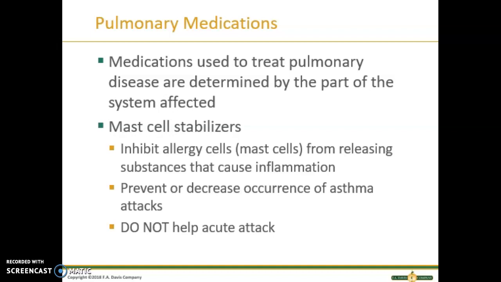So mast cell stabilizers. These inhibit allergy cells from releasing substances that cause inflammation. They prevent or decrease occurrence of asthma attacks, but they do not help acute attack.